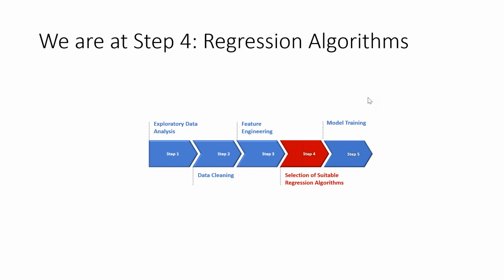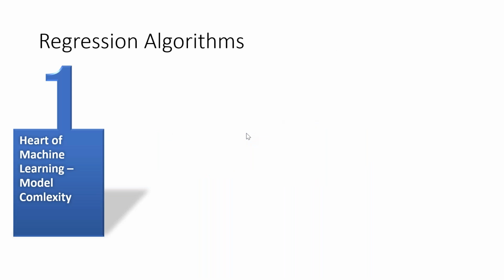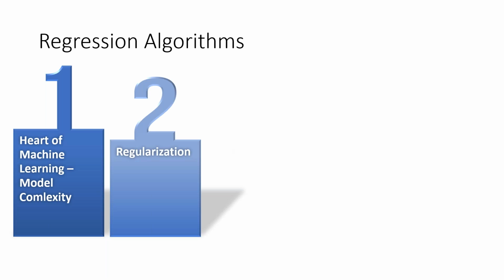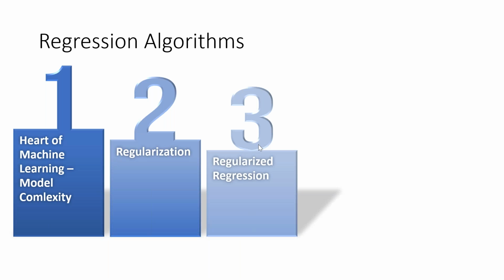Actually, this is our step 4, where we are taking a pause and reviewing suitable regression algorithms. Yesterday we recapped what we understood about model complexity, and today we will broadly talk about regularization, and based on regularization, what the regularized regression algorithms are. Like I mentioned yesterday, we will deploy 5 algorithms to solve our problem.